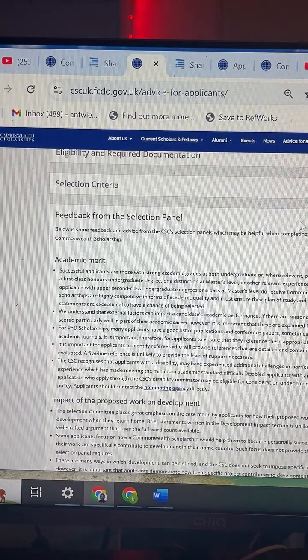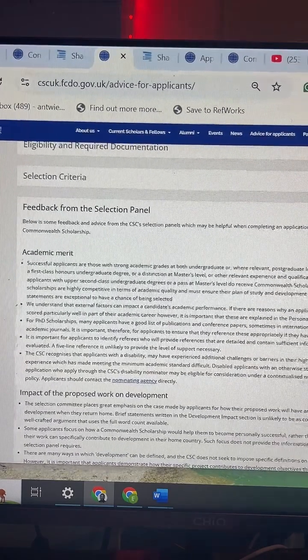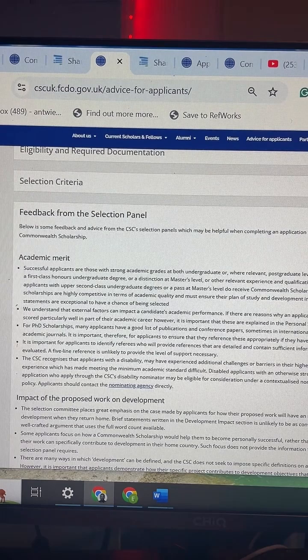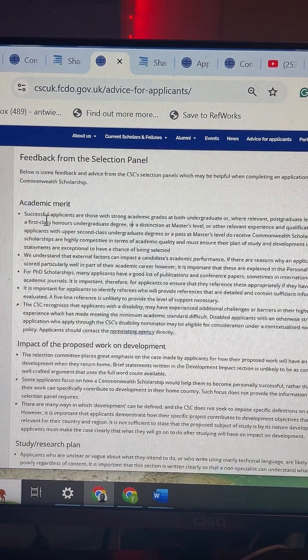Let's see if I can position it well. I'll do my best to explain it well so that we all can hear. So below is some feedback and advice from the Commonwealth Scholarship selection panels, which may be helpful when completing an application form for a Commonwealth Scholarship.